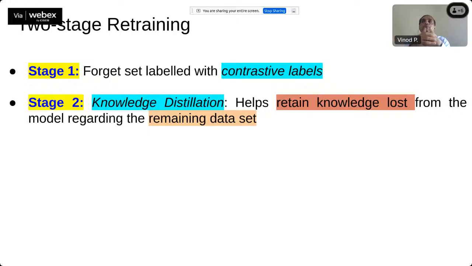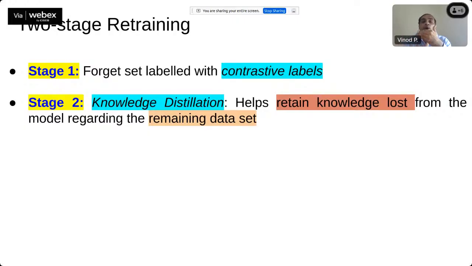Then these sensitive data points, now assigned the contrastive labels, would be forced to unlearn from the model. When we do unlearning in an approximate technique, we are trying to tweak the parameters of the model. We try to scrub the parameters of the model, so it might bring down the quality of the model, meaning the performance on the retained set.